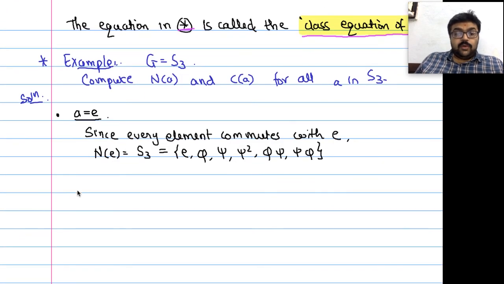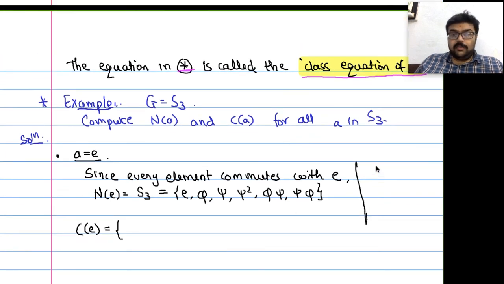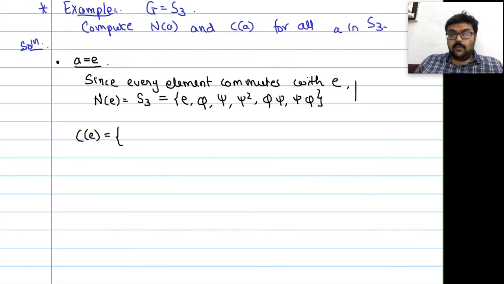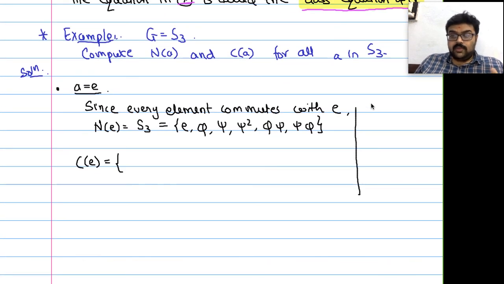So if I want to compute Ce, I need to compute the different conjugates of e. So e inverse e e, which is e. Then we have phi inverse e phi. This is again e, right?